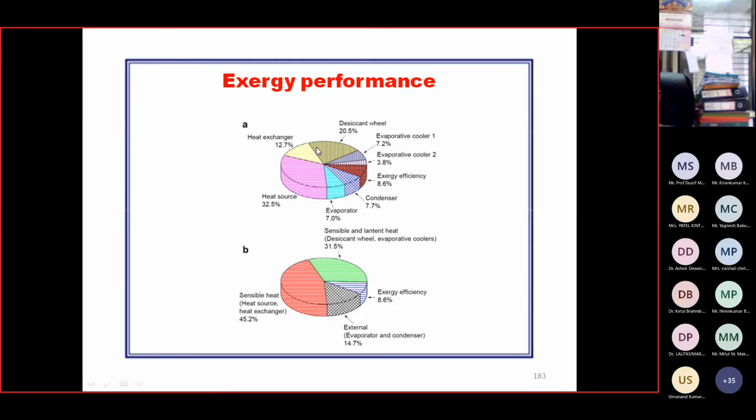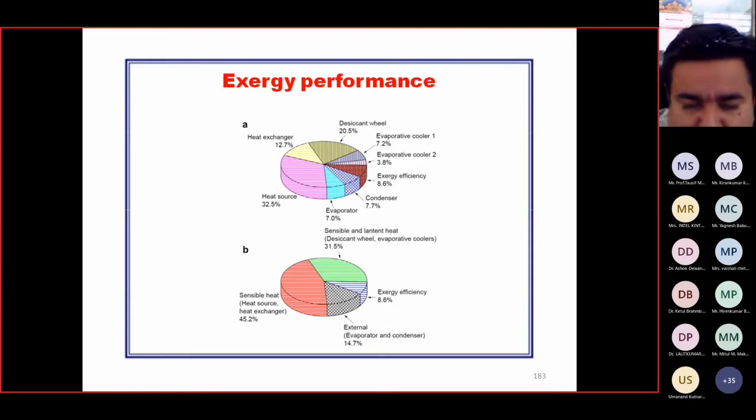So if you design it in such a way that irreversibilities can be reduced, because most of the time conventional desiccants such as silica gel, molecular sieve, metal silicate, etc. demand a high reactivation temperature in the range of 160 to 180 or more than that as far as humid atmosphere is concerned.